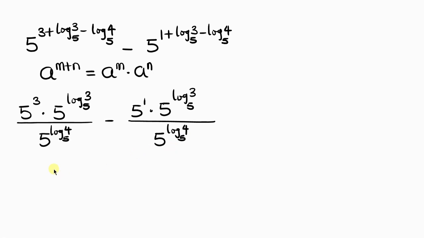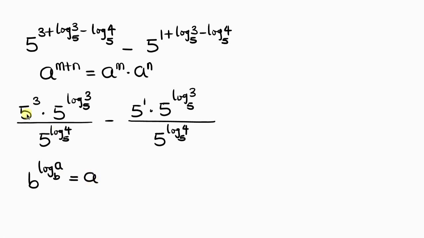Very good. Now let's apply the law of logarithm, which says when I have b to the log of a base b, this is equal to a. As long as the base here and the base here are the same, we have what we have here as a result.